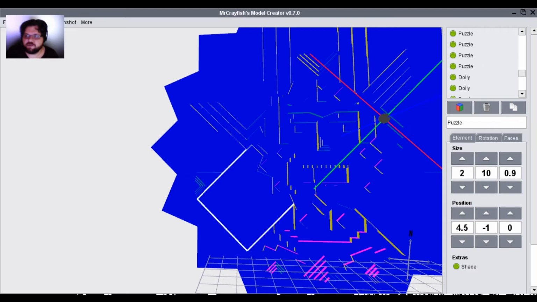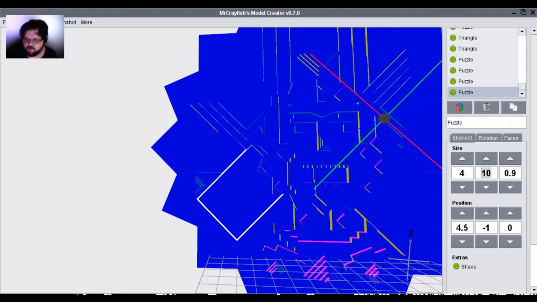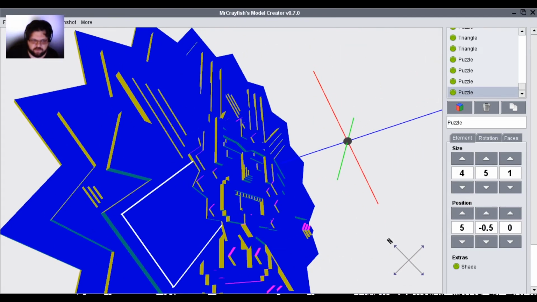Next puzzle piece is you. Duplicate. 4, 5, 1. 5.5. Nice, nice. Okay, 3, 4, 0.1, 0.5, 0.